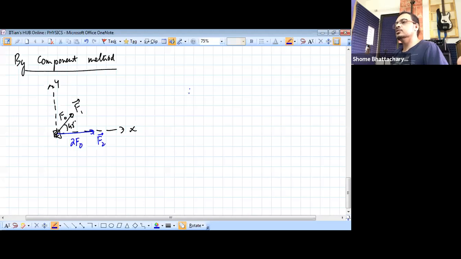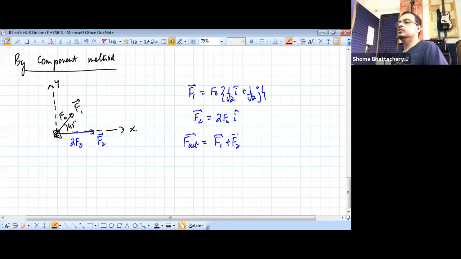So you could have written the forces in component form as F0 1 by root 2 i cap plus 1 by root 2 j cap and 2F0 i cap. So my net force, which is the vector sum of F1 plus F2, would have become F0 into 2 plus 1 by root 2 i cap plus 1 by root 2 j cap.